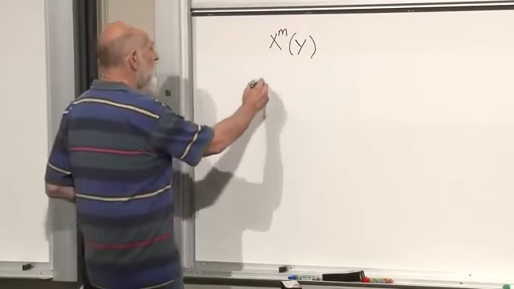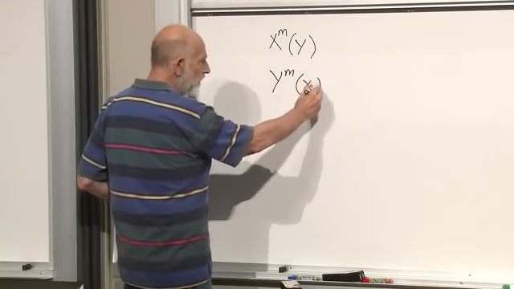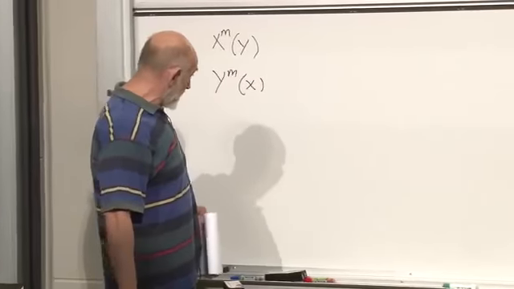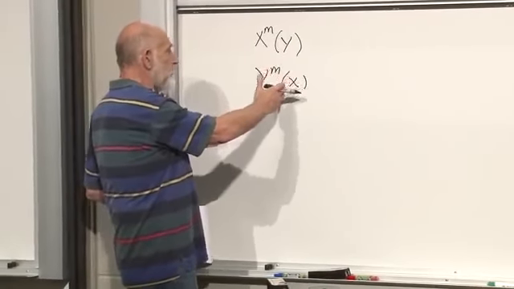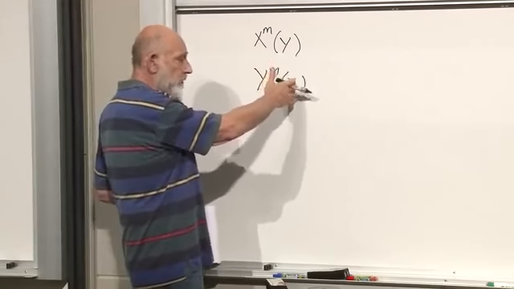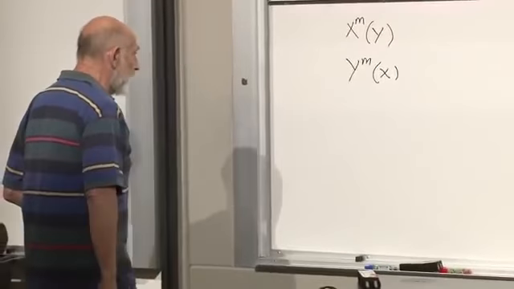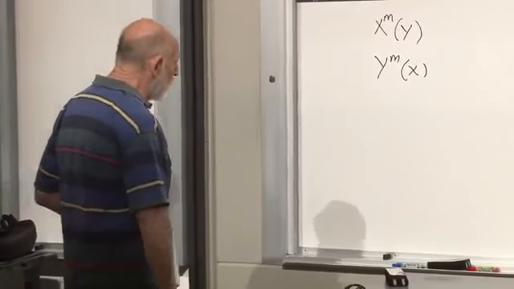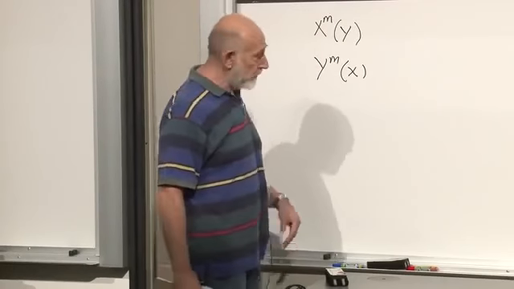And likewise, y^m are assumed to be known functions of the x's. y^m of x means y^m of x1, x2, x3. I just don't want to write all of the labels in there. We have two coordinate systems, each one being a function of the other.